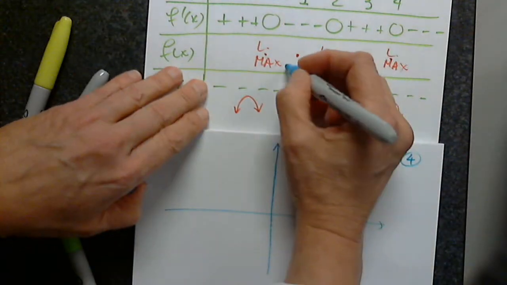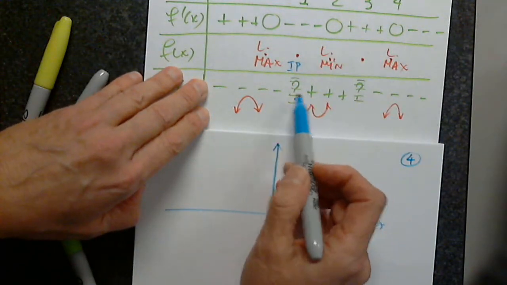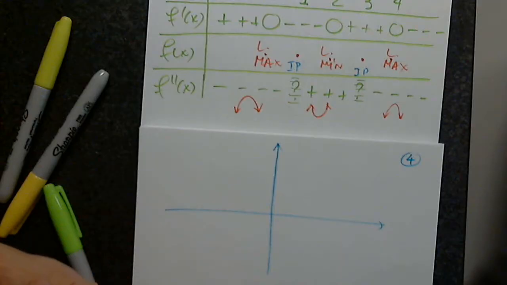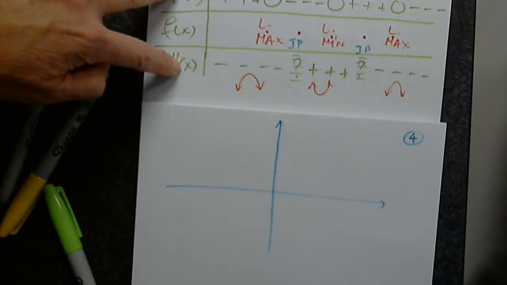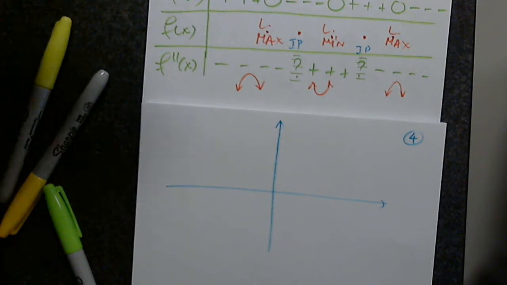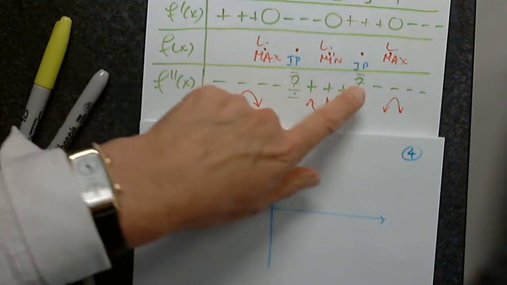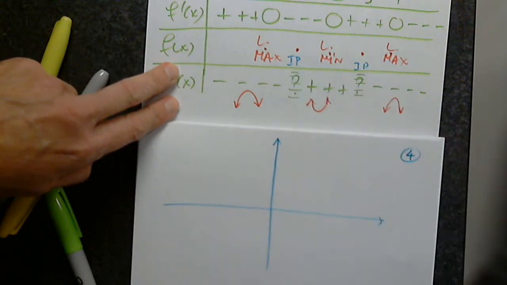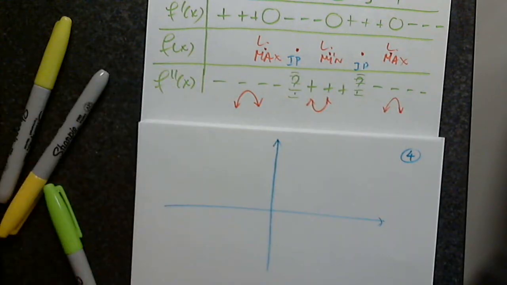I can consider them inflection points because the second derivative changes sign, and this is another inflection point because the second derivative changes sign. I'm not told that the function is undefined there. I can create it as being undefined if I want to. I can say these are inflection points if I want to. If you don't want to, you don't have to. But as long as you keep the concavity as discussed.